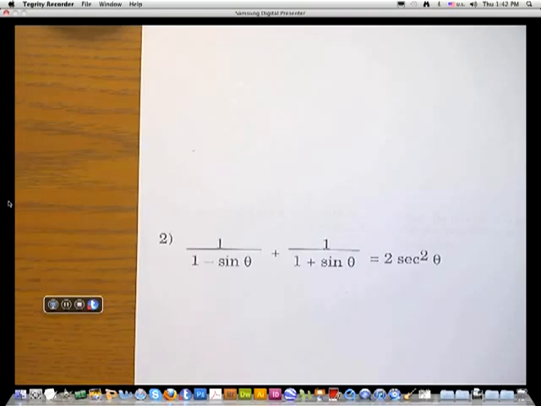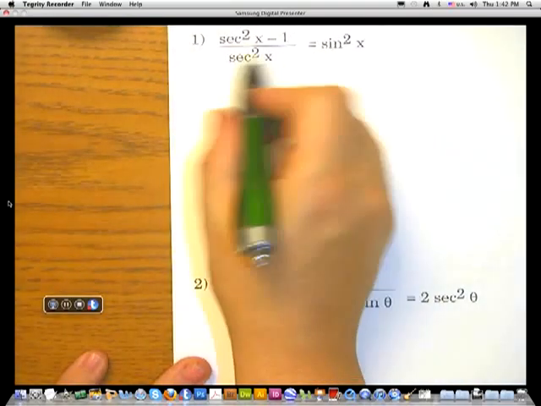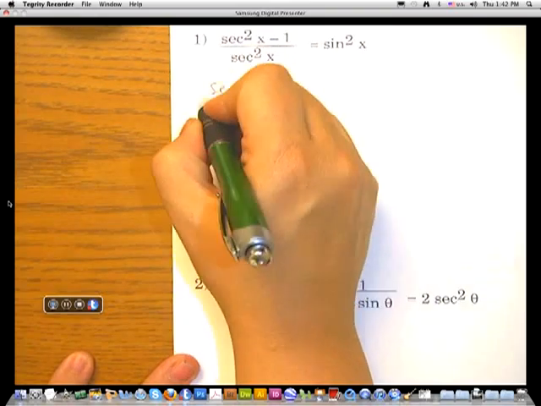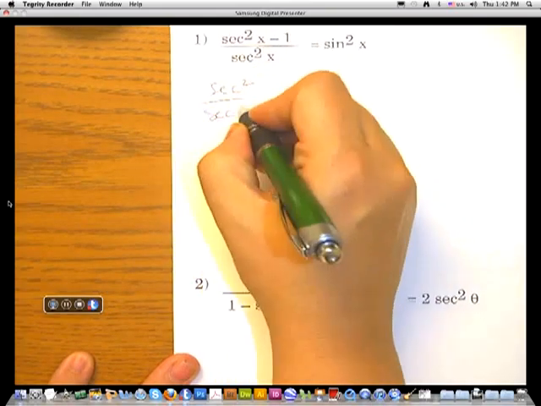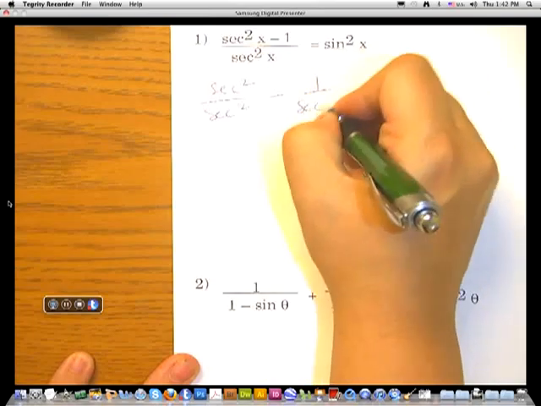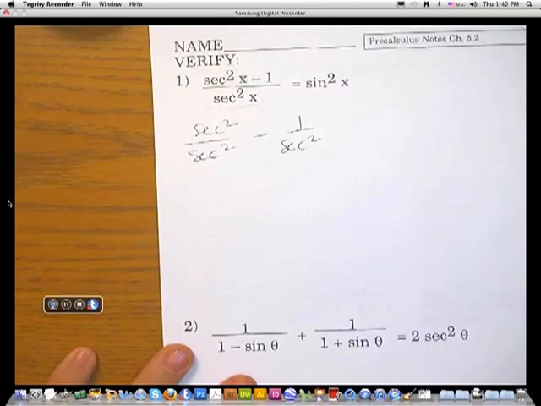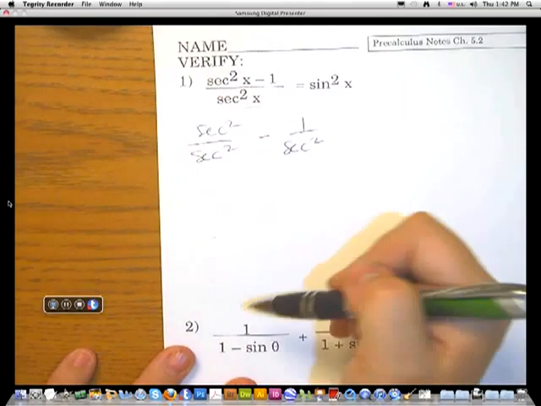So here, secant squared x minus 1 over secant squared, we want to equal sine squared. Well, this is one term on the bottom, and when I have one term on the bottom, I get to split my fraction. So I have secant squared over secant squared minus 1 over secant squared.